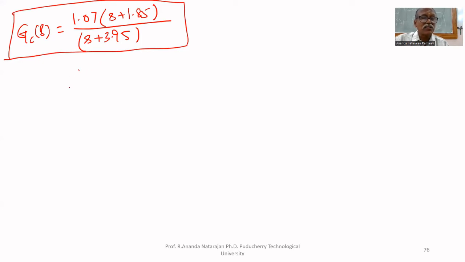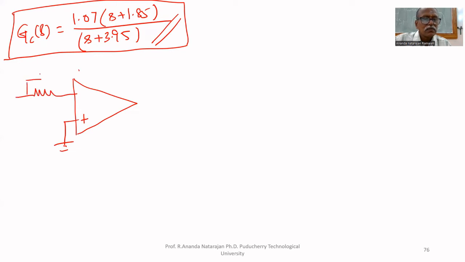Sometimes in the examination, they may ask, what are the circuit elements? Sometimes they may ask, what is the circuit for this lead network? The circuit for this lead network is this: V in, R1, C1, R2, and C2.